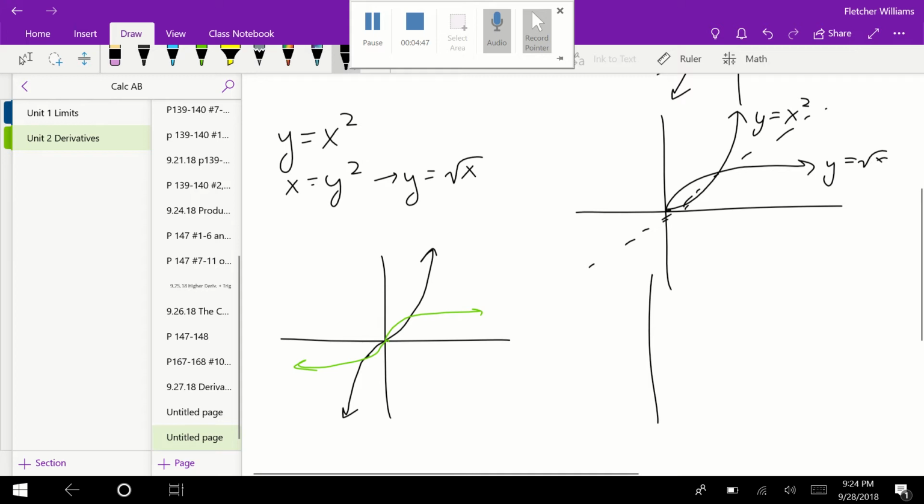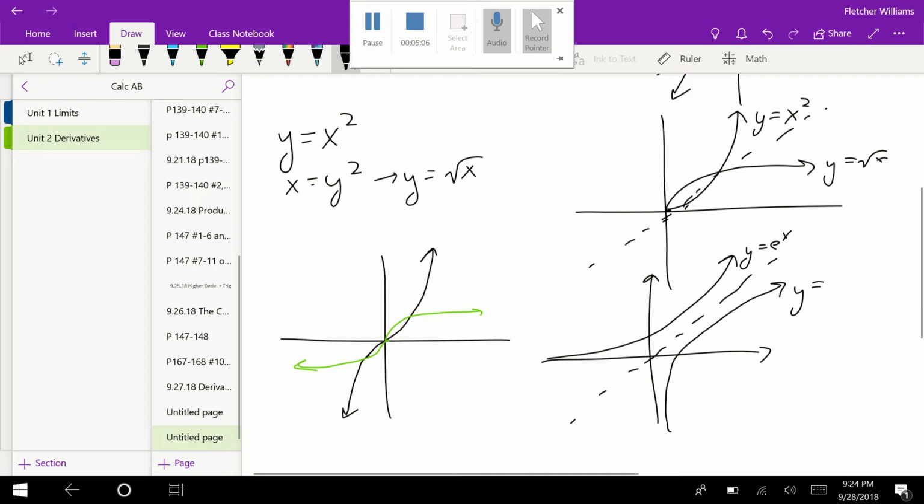You remember learning about y equals e to the x, and maybe you remember that there is an inverse, which is y equals ln x. I'm just trying to point out that there are a lot of really interesting functions that have interesting inverses, and we're going to want to be able to find their derivatives too, in particular the inverse trig functions and the natural log function.